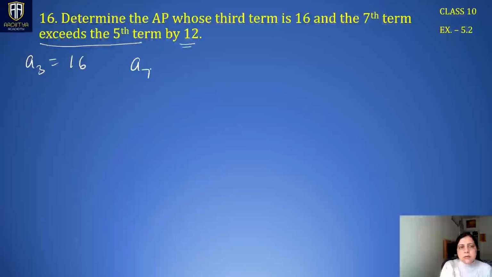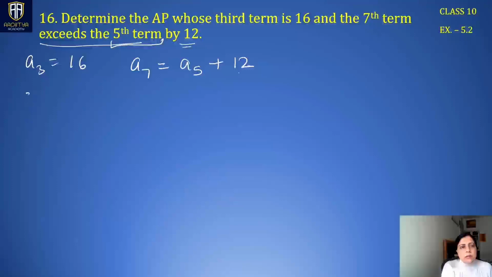That means the seventh term is 12 more than the fifth term. So these are the two relationships that we have got, and we have to find the AP. That means A and D have to be calculated.